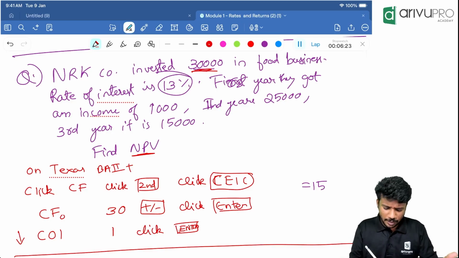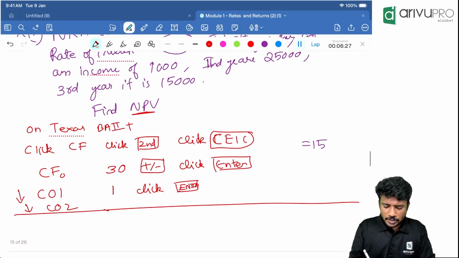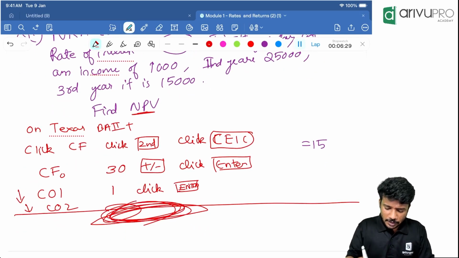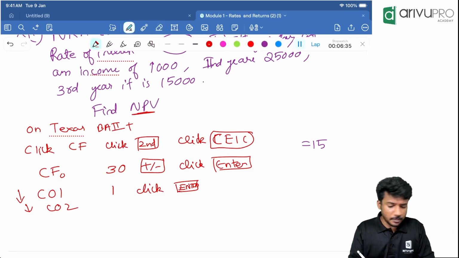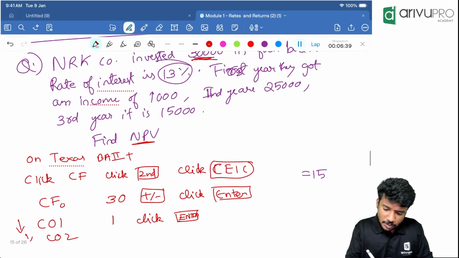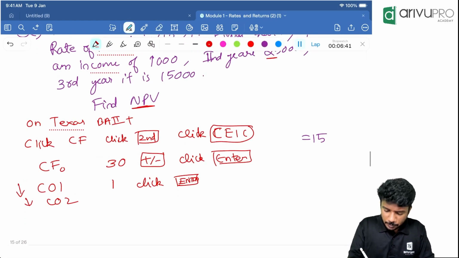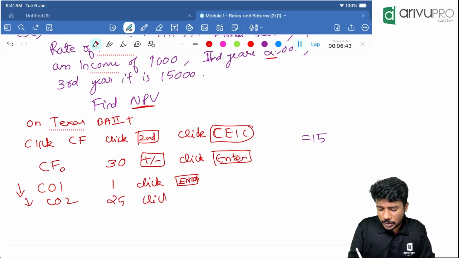So you can move down and go to C02. C02 is given as 25, the second year. Type 25, then click enter.